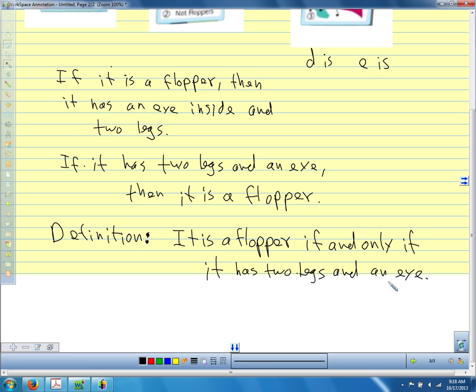So yeah, I guess that wouldn't work as well that way. But normally you can do it in the other order also. We could say a shape with two legs and an eye. No, that wouldn't work either. Okay? So this is our definition. We take the conditional, we take the converse, we put the two parts together with if and only if. So we make it into a biconditional, and that becomes our definition.